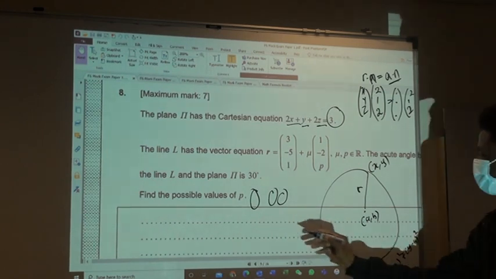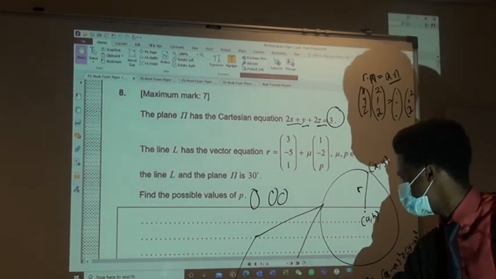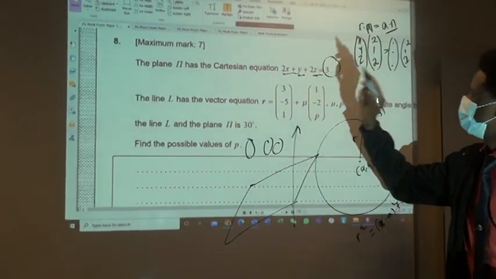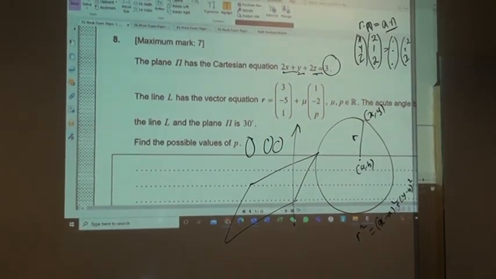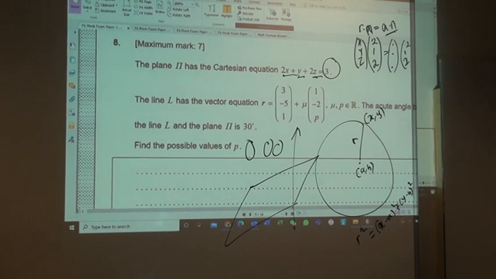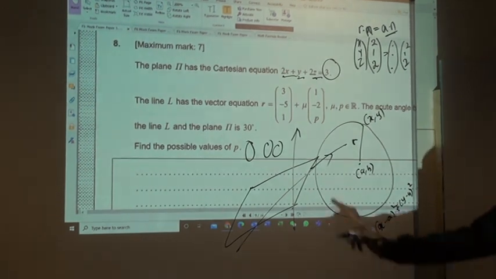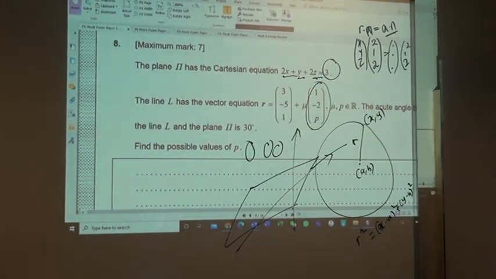So if you have a plane, as we discussed, the normal to your plane is this vector, 2, 1, 2. And you have a line whose directional vector is this. The question is talking about, I'm going to draw that very clearly.